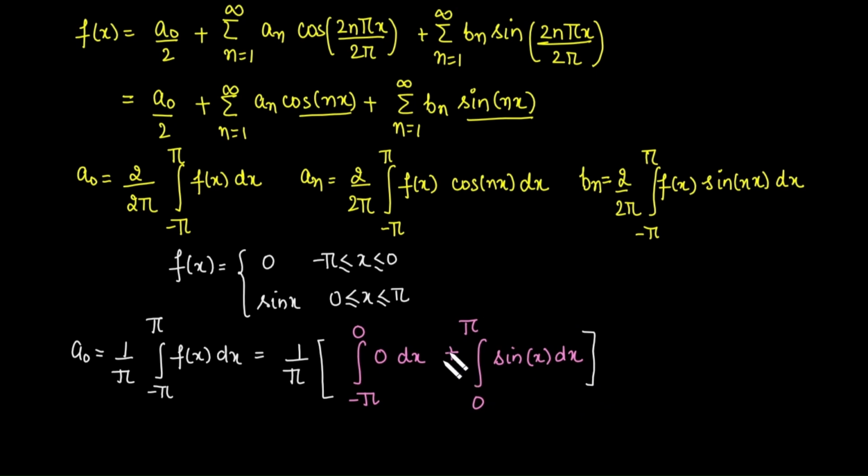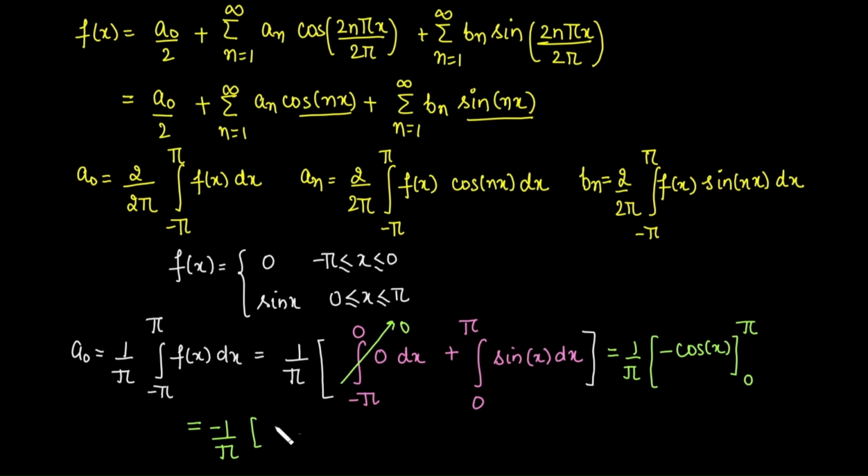Find its integration. The integration of 0 is 0, so we will directly write this is equal to 0. Finally, we have 1 upon pi integration of sin x, that is minus cos of x, limit from 0 to pi. This is equal to 1 upon pi with negative sign outside.